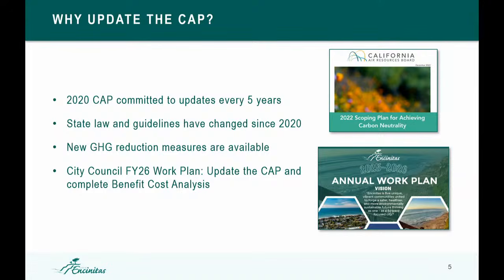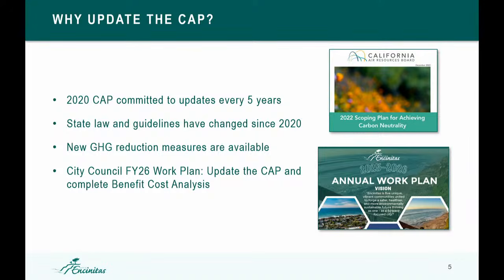And why are we here to update the climate action plan now? There's a few reasons for that. The first reason is that within the current plan, there's a defined process for implementation and monitoring and updates, and it recommends that council should update the plan every 5 years.